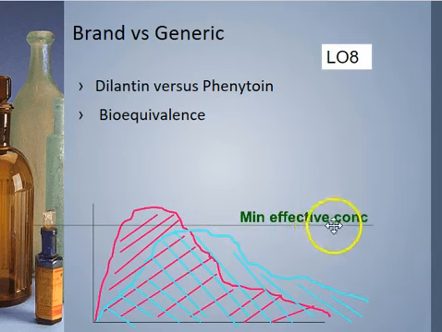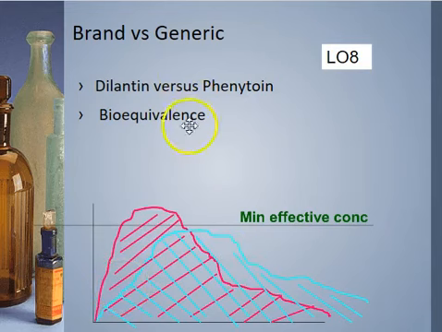You can see that the minimum effective concentration is not actually reached for phenytoin. This is a great teaching point by example, where you've got two drugs that are the same chemical entity, but because of the formulation and the fillers associated with the tablet, they don't offer the same absorption. If they were virtually identical drugs, you'd see the same slope right here. They'd be basically the same graph, and they're not.